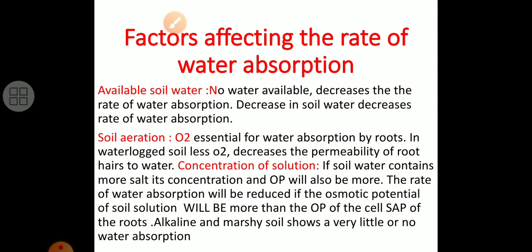Now concentration of solution, the third one. If soil water contains more salts, its concentration and osmotic potential will be more. The rate of absorption will reduce if the osmotic potential of the soil solution is more than the osmotic potential of the cell sap of the roots.